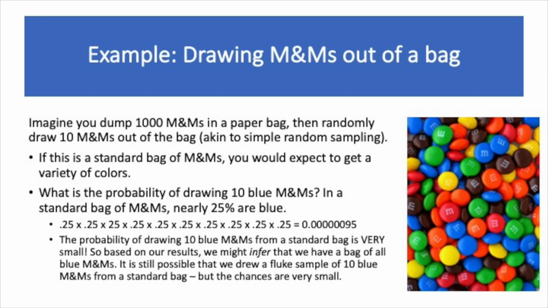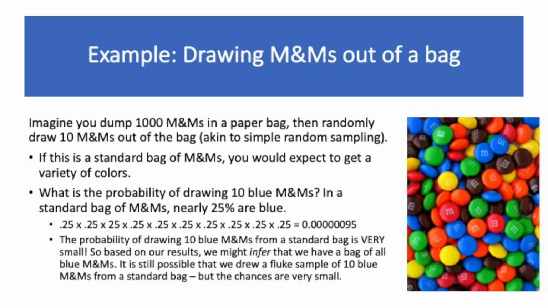So now let's ask the question, what is the probability of drawing 10 blue M&Ms if we have a standard bag? I did a little bit of background research for this example, and it turns out that nearly 25% of M&Ms in a standard bag are blue. Okay, even though there are multiple colors here, blue M&Ms are overrepresented just a little bit in our bag of M&Ms.